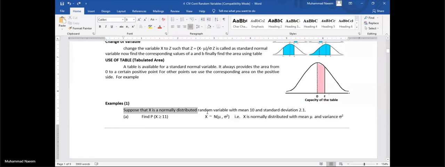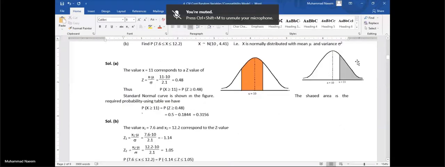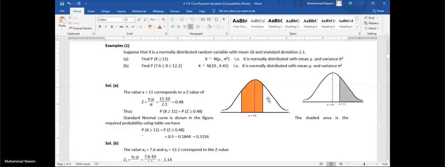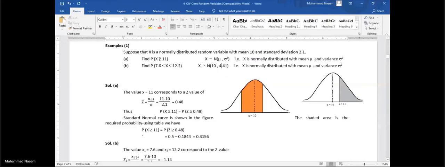So quickly we have a bell-shaped diagram in which mean is in the center. Mean is 10. So mean is in the center. Okay. This is the very first thing to do when x is normally distributed.